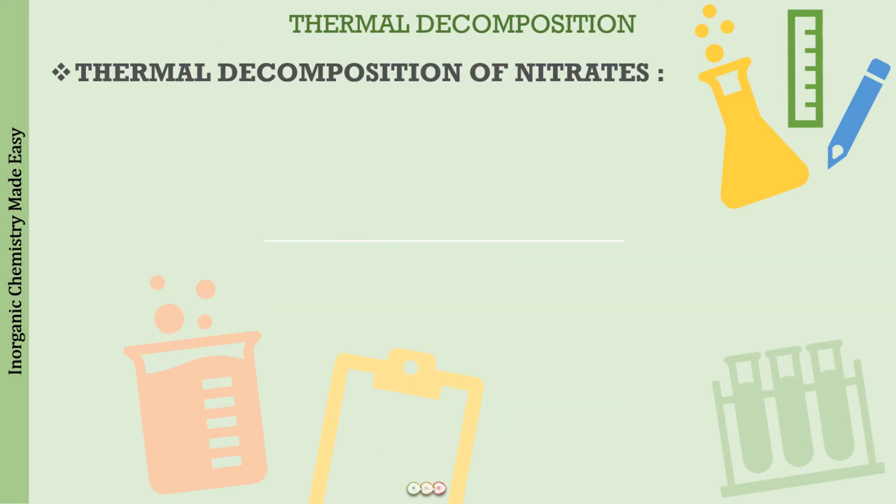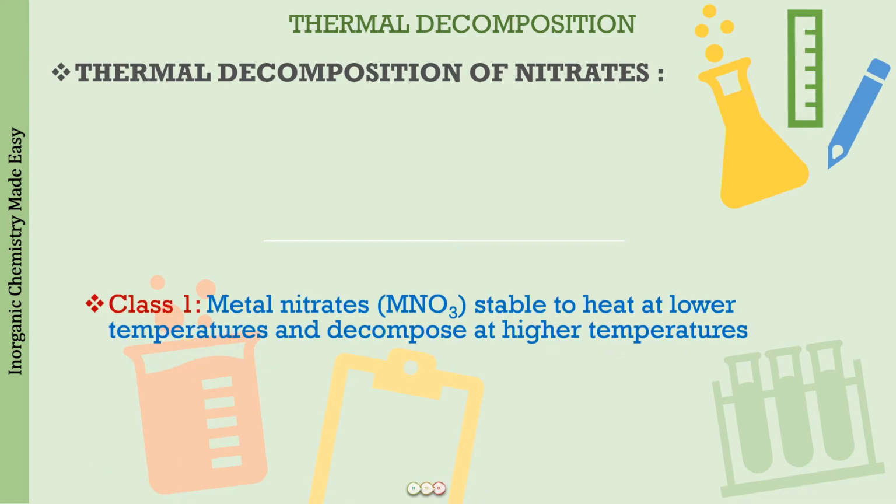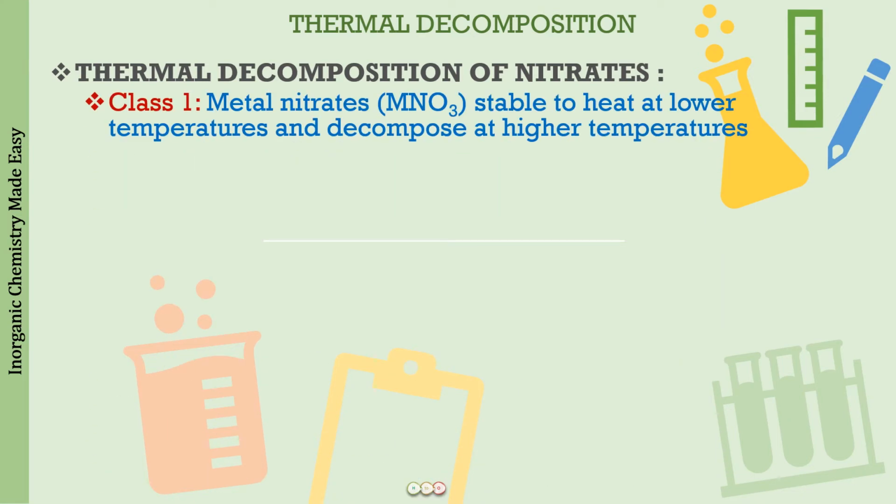Great. So now let us look at the three classes of metal nitrates one by one, and how they are going to decompose. First we have class 1. Class 1 was group 1 metals, that is the alkali metals excluding lithium. All of these metal nitrates are going to be stable to heat at lower temperatures and are going to decompose at higher temperatures.